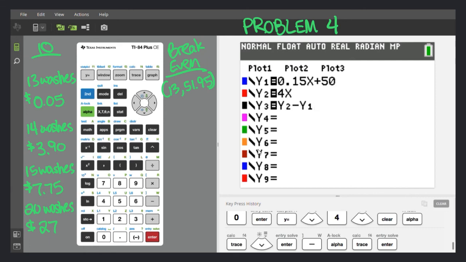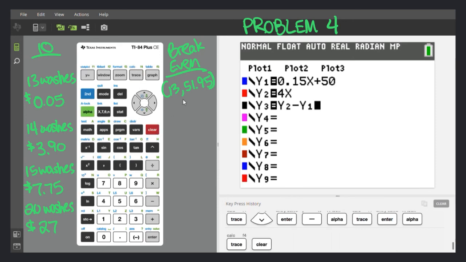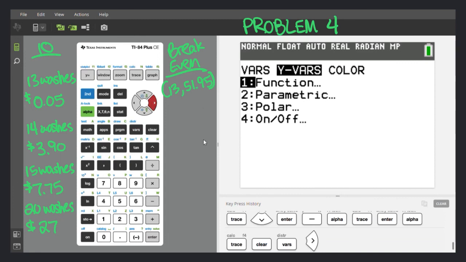Just so you know, whether this applies to you or a classmate, this feature, alpha trace, is only available with the newest OS. And if somebody doesn't have that, or if you've somehow forgot that shortcut, the button to press is vars for variables, and then you go to yvars, and that's in function.